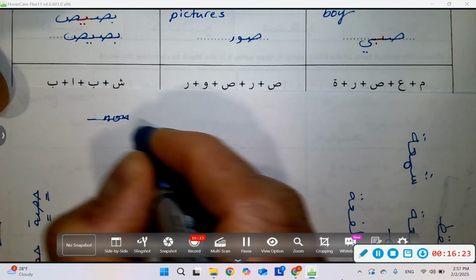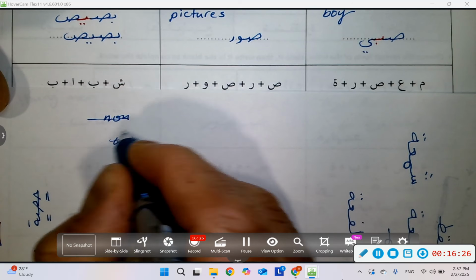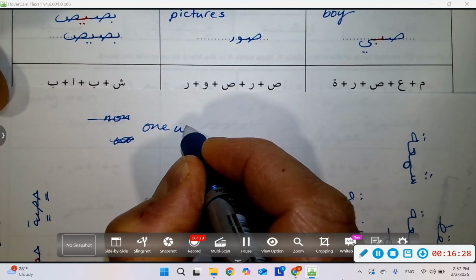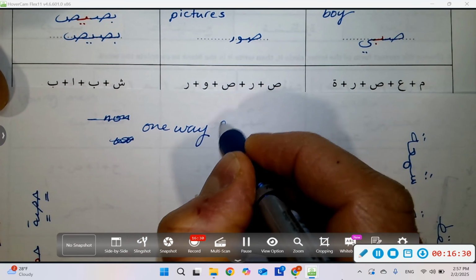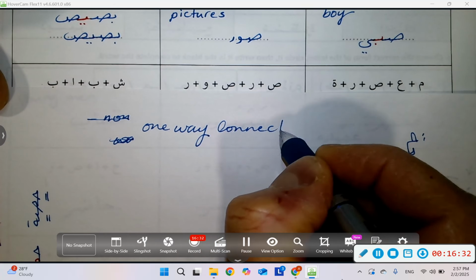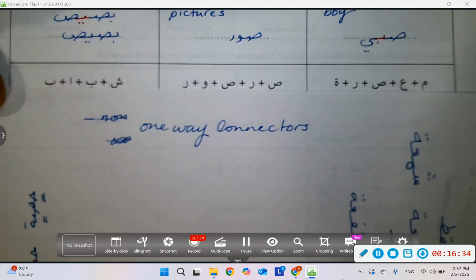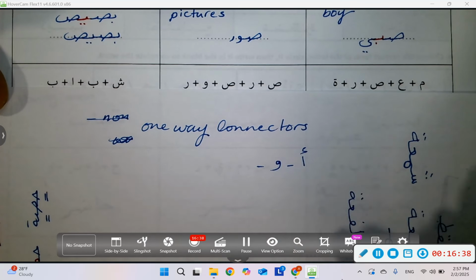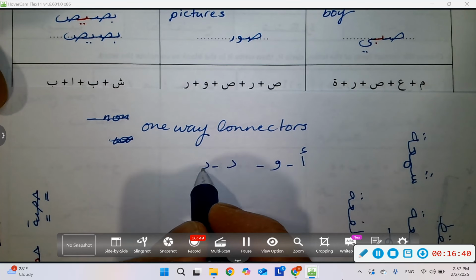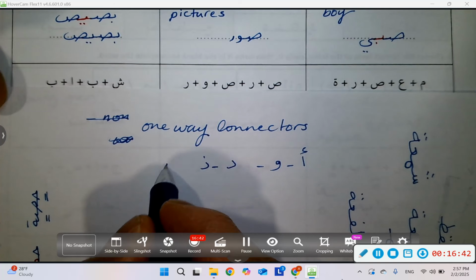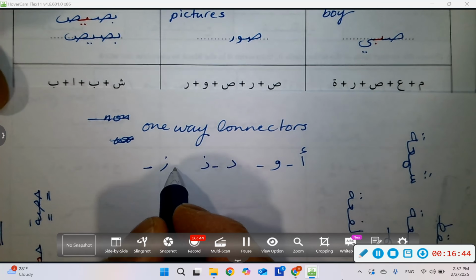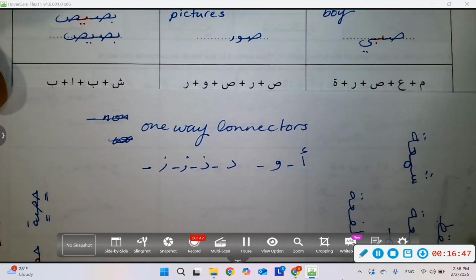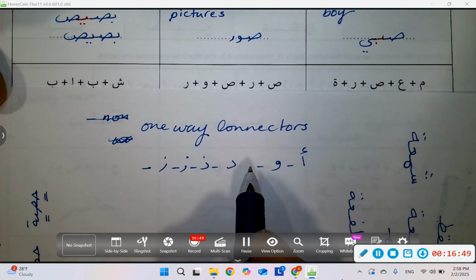None or one-way connectors. And they are alif, waw, dal and dhal, ra and za. 6 letters.